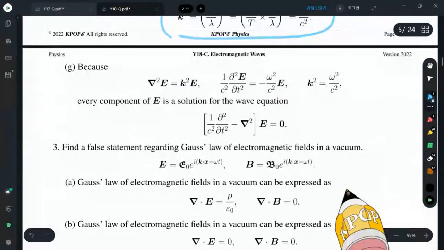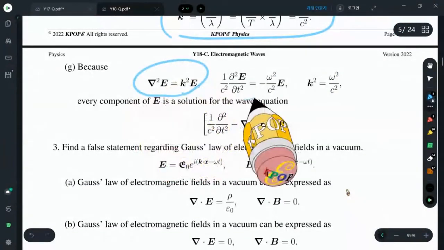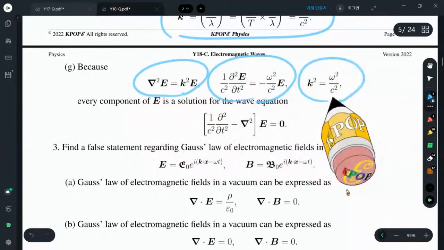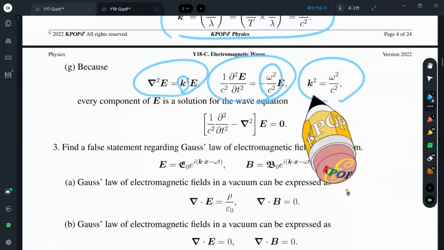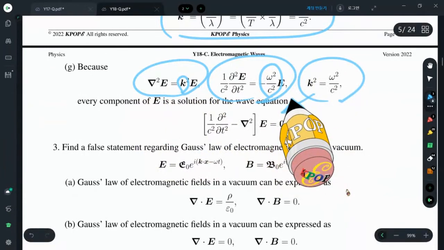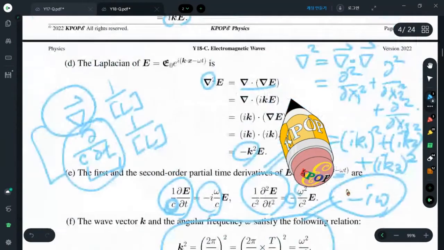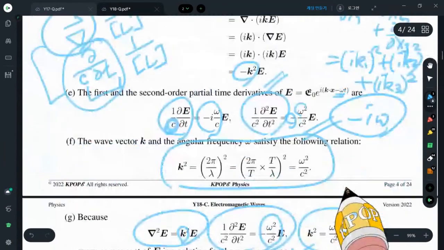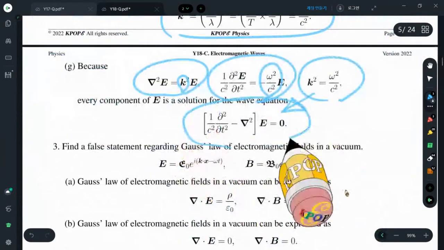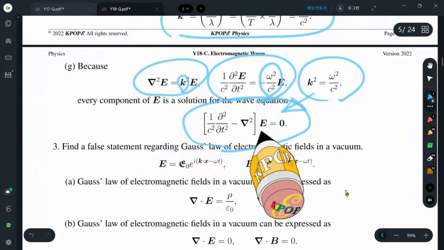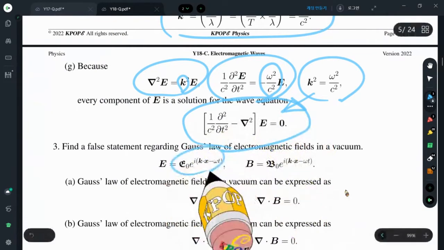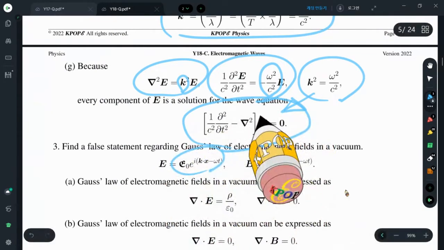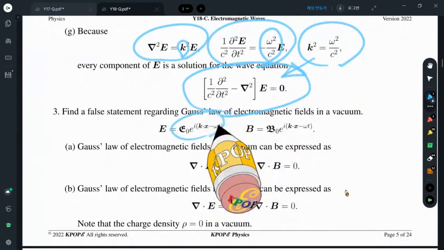What we find in here, from this relation between these two coefficients, I can say the electric field, this one, is a solution of a wave equation. Okay? So the electric field satisfies the wave equation with the speed of light.